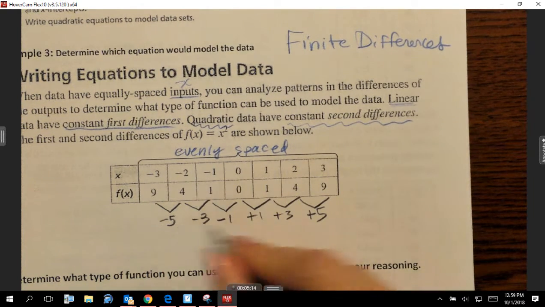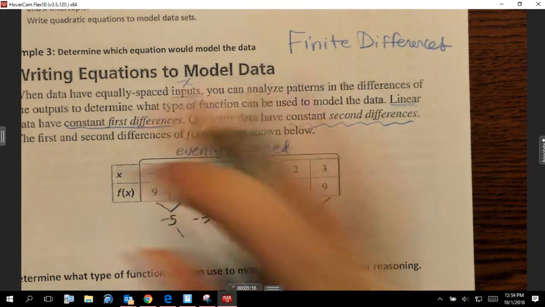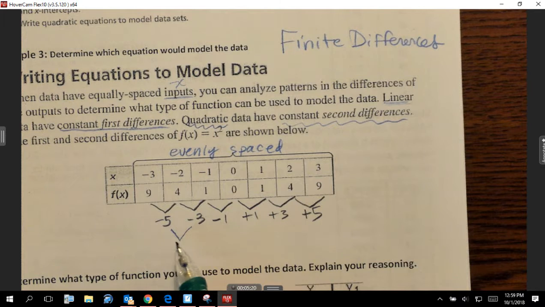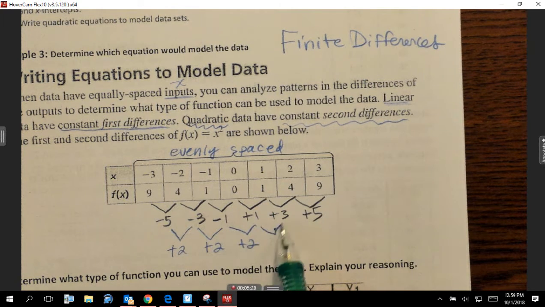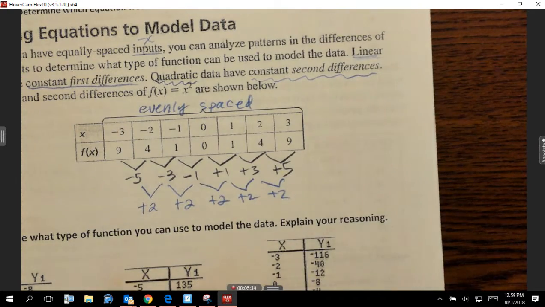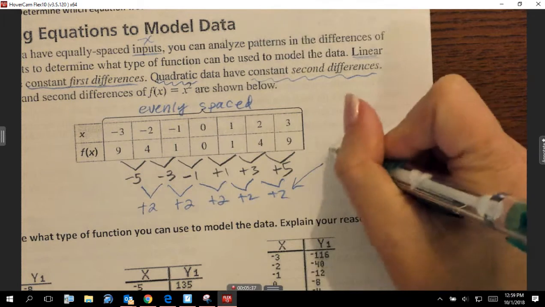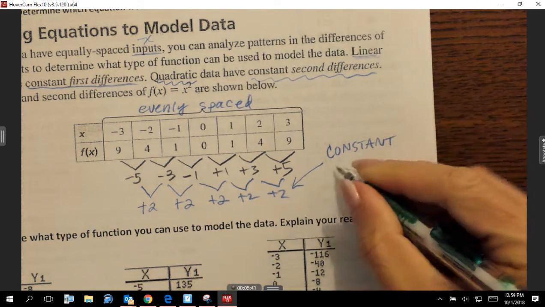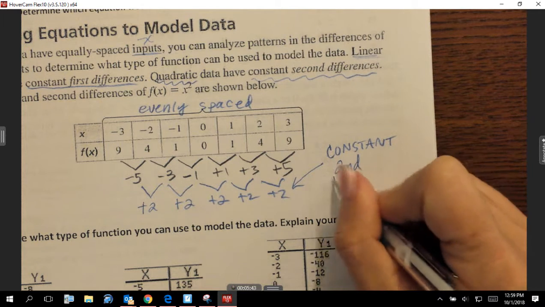So then what we do is we take these differences and we do it a second time. So from -5 to -3, add 2. And then add 2, add 2, add 2. So these are constant second differences.